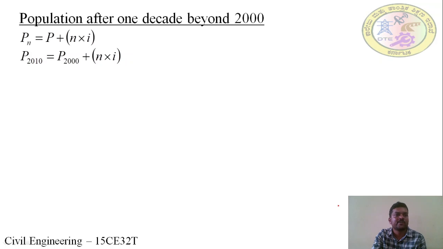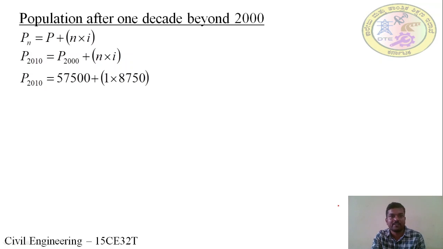We know the last decade population, that is P 2000, and n×i, where n is the number of decades between the present and known population, that is 2010 minus 2000, that is 1. i is the constant we already calculated, 8,750.